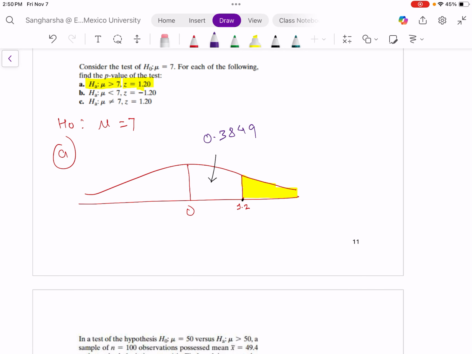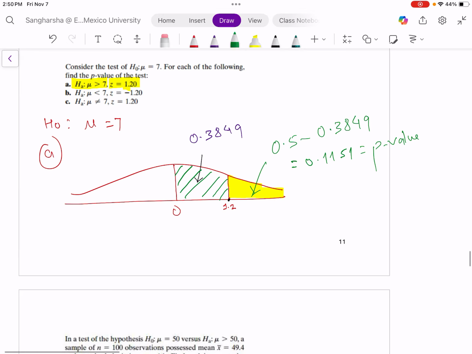So this is the area for this region. Everything on the right of 0 is 0.5, so this area would be 0.5 minus 0.3849, which is 0.1151, and this is the p-value.